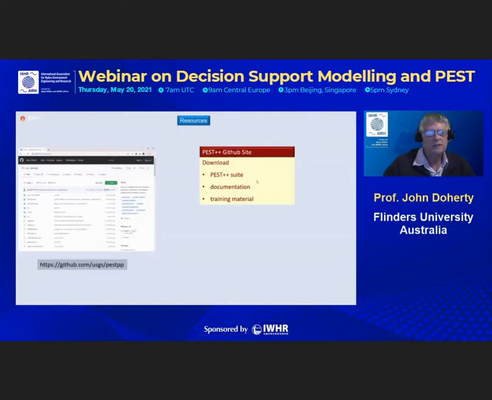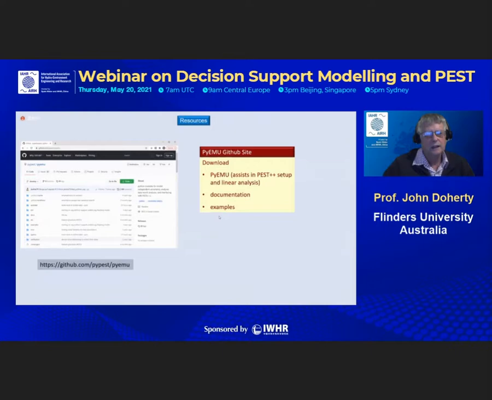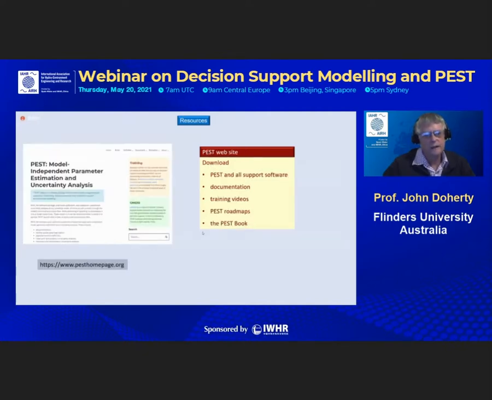So PEST++ can be downloaded from the PEST++ GitHub site. Documentation and training material, software which facilitates setup of PEST++, all written in Python, are available from the PyEMU site. There's the PEST site from which you can download PEST.